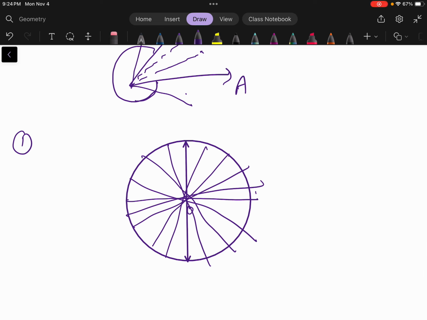I have the protractor in my hand. If you are able to see, there is a one degree angle here. So it means it is divided into equal parts till this point.